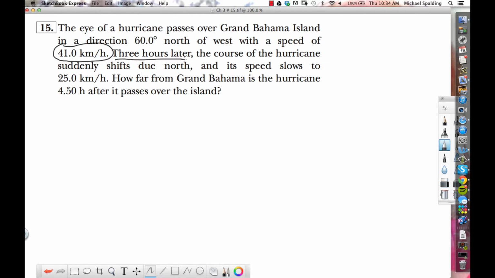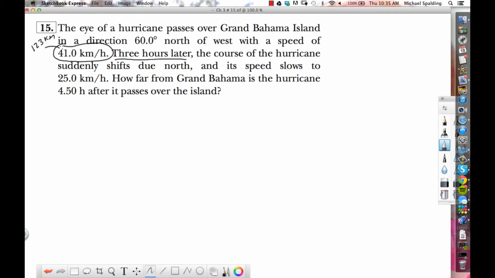Three hours later, if you're going 41 kilometers per hour for 3 hours, how far did you go? 123 kilometers. Because this is a distance or displacement question, not a velocity question, you have to figure out the distances from the given velocities and time. So this turns into 123 kilometers because that lasts for 3 hours.